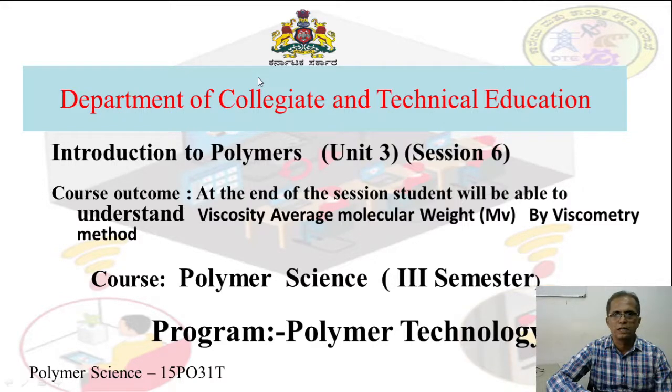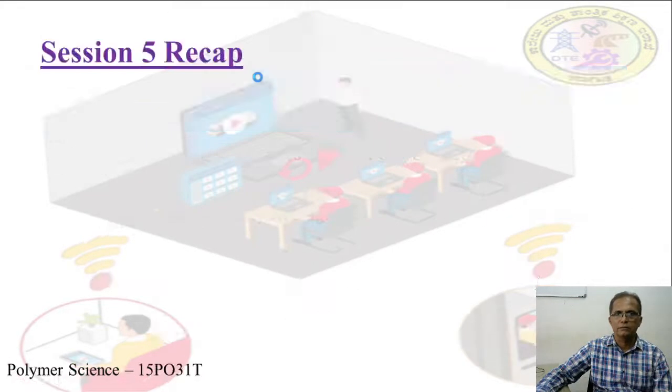Course is Polymer Science for third semester, program Polymer Technology. The course outcome is, at the end of the session, student will be able to understand viscosity average molecular weight, that is, by the technique called viscometry.